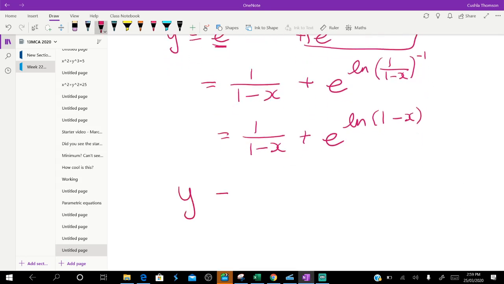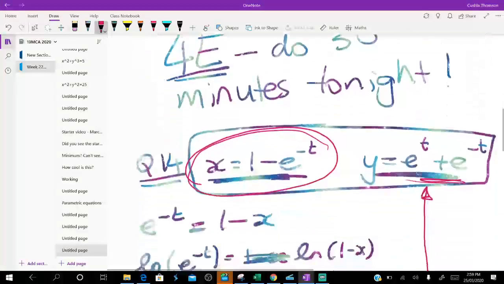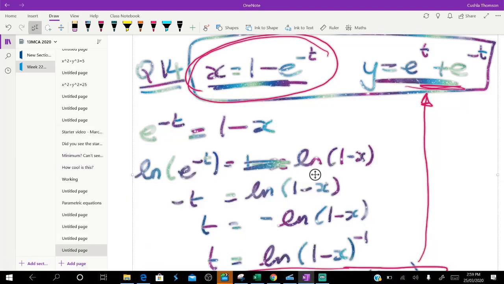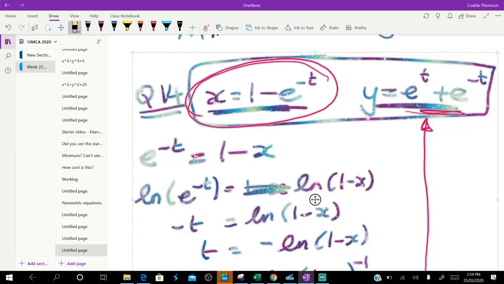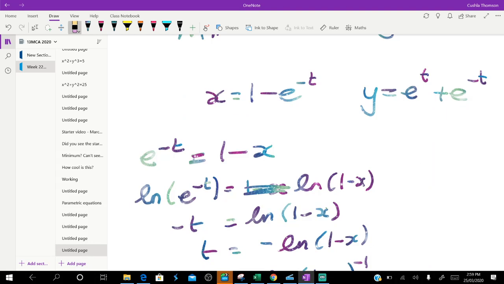Right, so now we're down to this. y is equal to 1 over 1 minus x plus 1 minus x. So what we've done is that we've gone from this parametrically defined curve, right? Let me just get that back up. Right, just cleaning that up a tiny bit. This is my curve in parametric form.